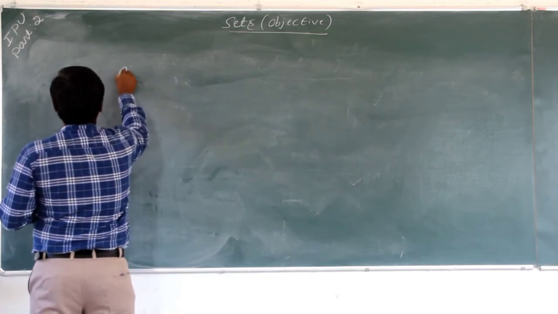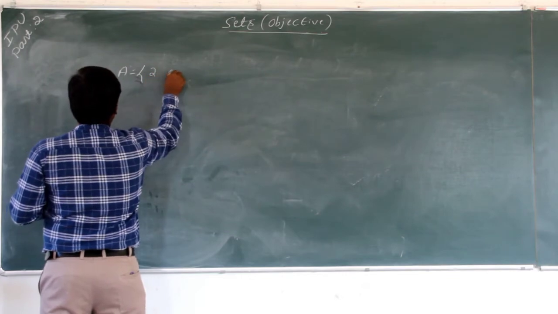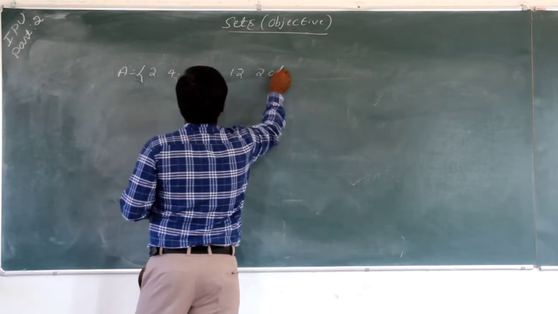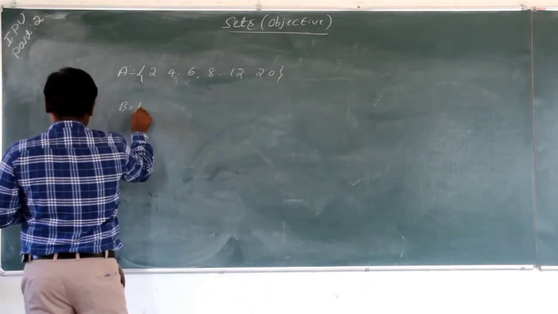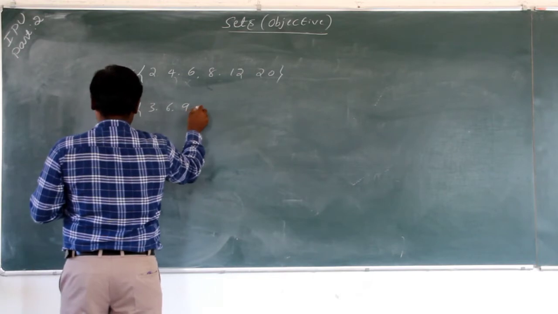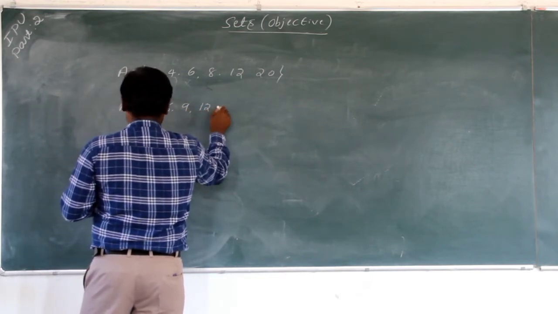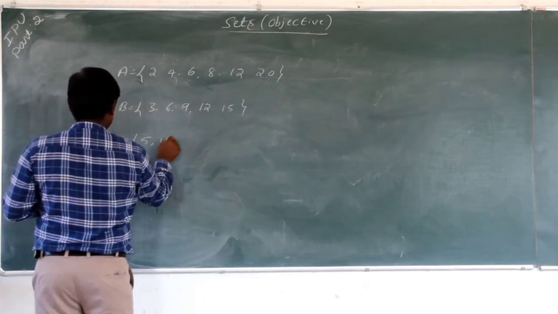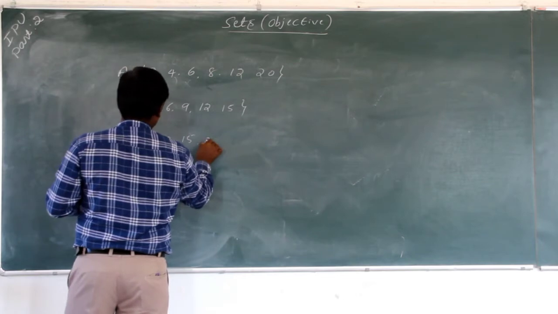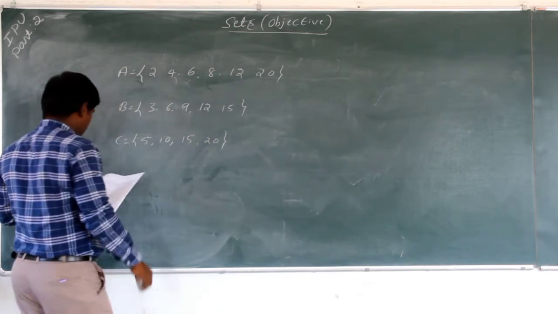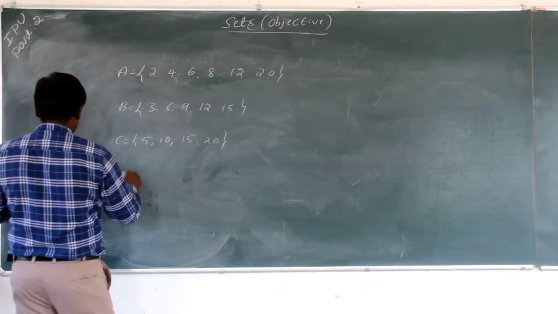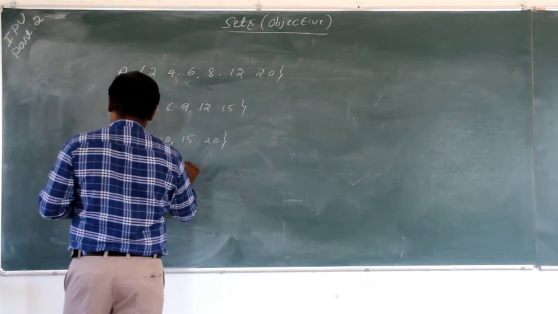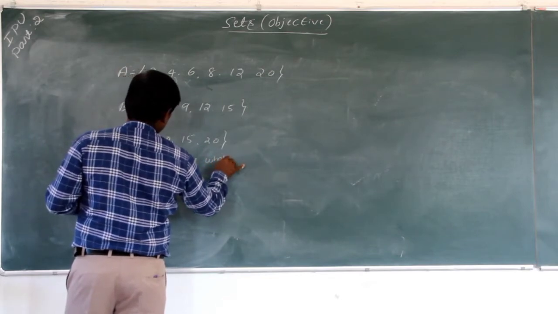If A is equal to 2, 4, 6, 8, 12, 20, this is set A, and set B is 3, 6, 9, 12, 15, and set C is equal to 5, 10, 15, 20. And U is the set of all whole numbers.